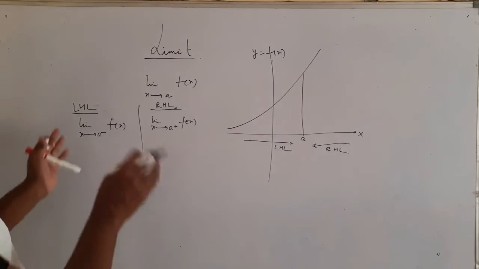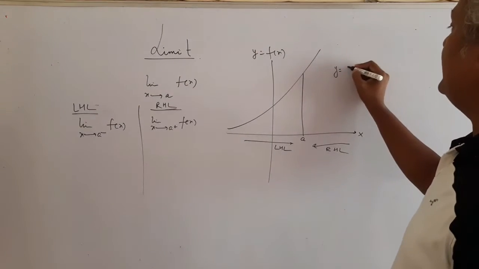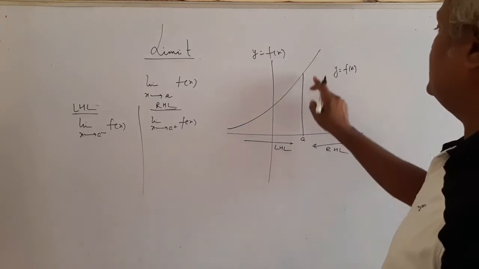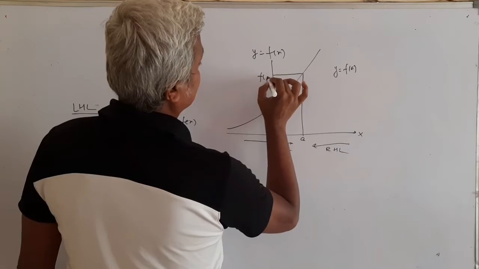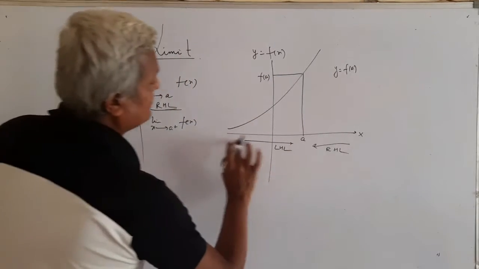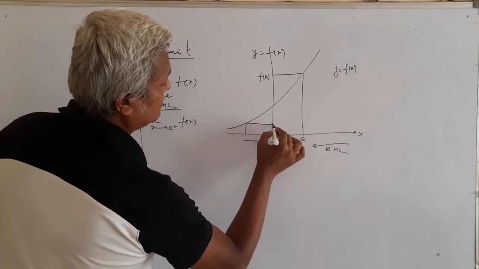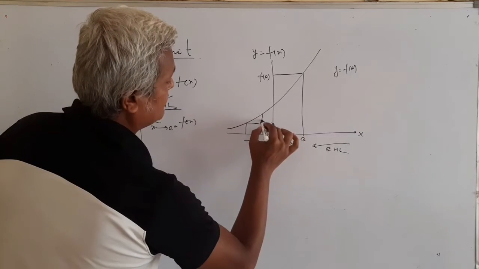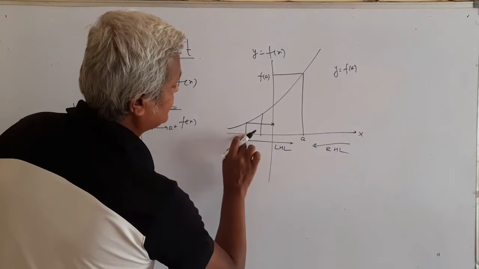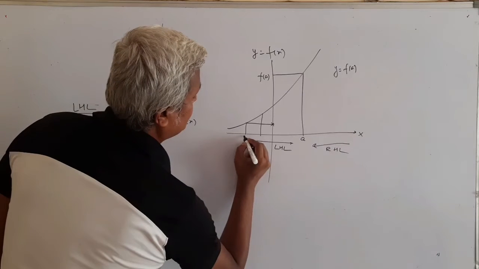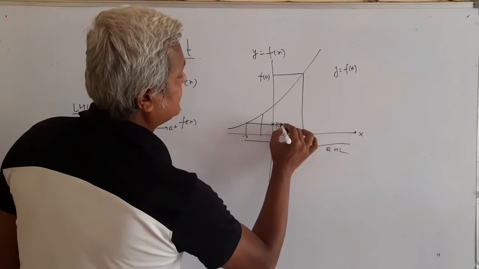If I put the value of x directly into the function, then I get y equals f(a). Here, this is my f(a). Now suppose I'm approaching a from the left hand side. Suppose I say this is minus 3, so this is my f(-3).